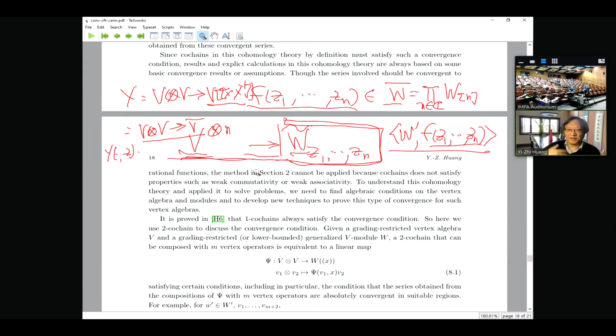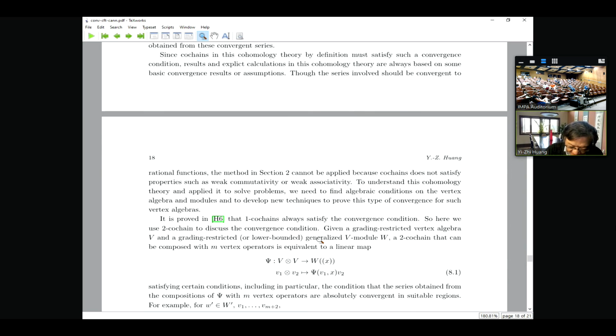These are like a deformation, infinitesimal deformation, square zero extension, and so on. But if you want to calculate the cohomology, we have to determine all those maps. See, in this part I give an example that is a two cochain. Here is the two cochain.